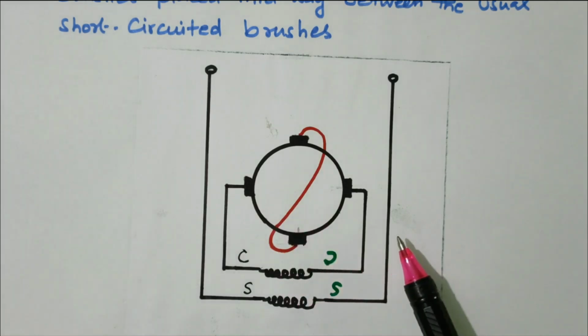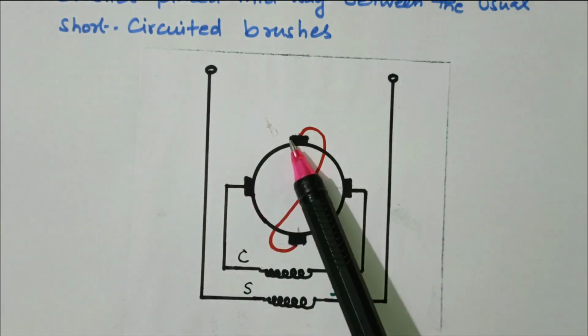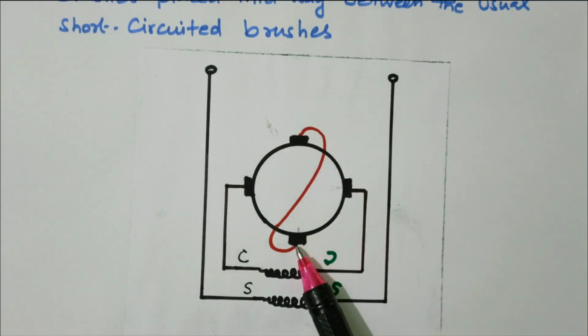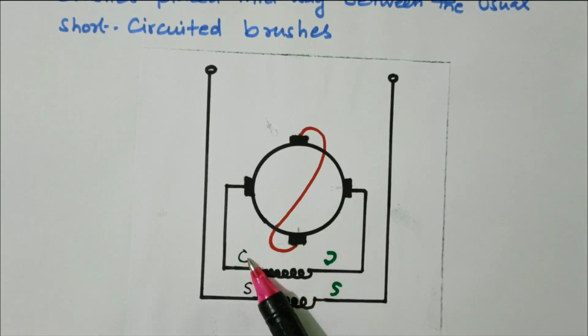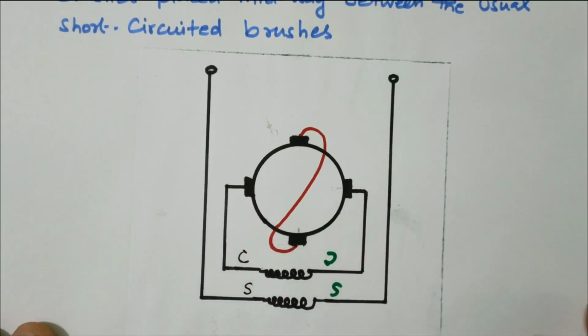Shifting of the brushes decides the torque development and also the rotation of the motor. These are the brush positions. The details about the brush position are available in the repulsion motor video. Here we connected the compensating winding in the rotor circuit. We will see further detail.